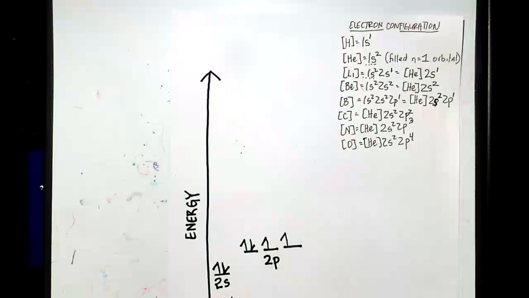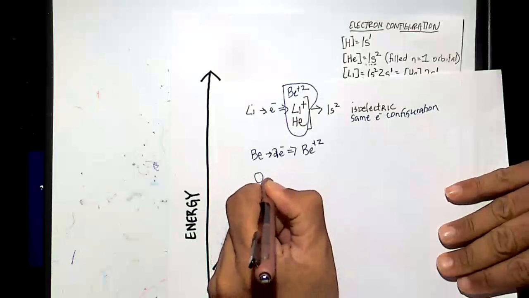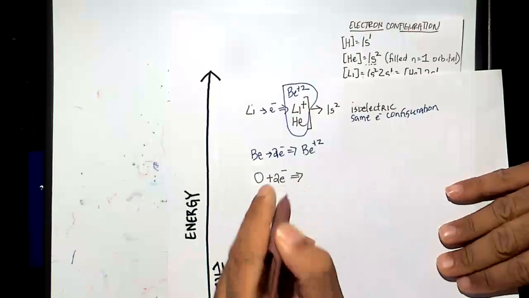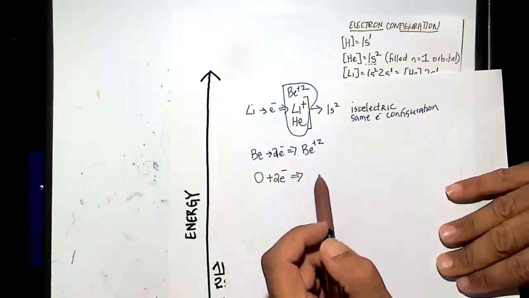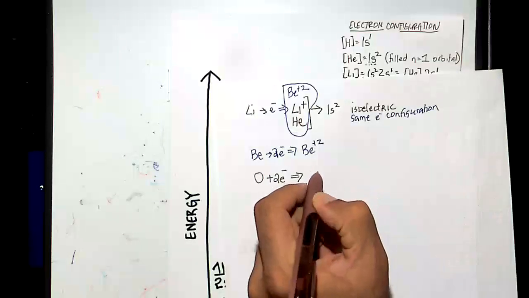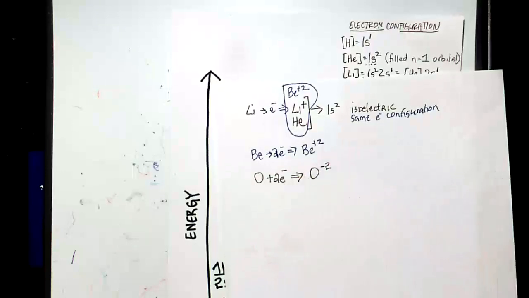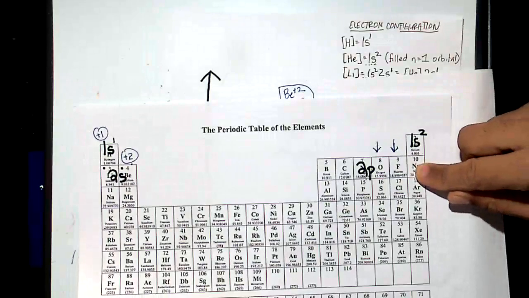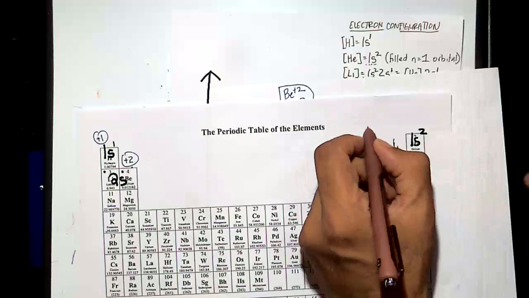Let me ask you guys a question here. If this oxygen gains 2 electrons, not loses, gains 2 electrons, what will it have? It will be oxygen negative, and it will have 10 electrons.